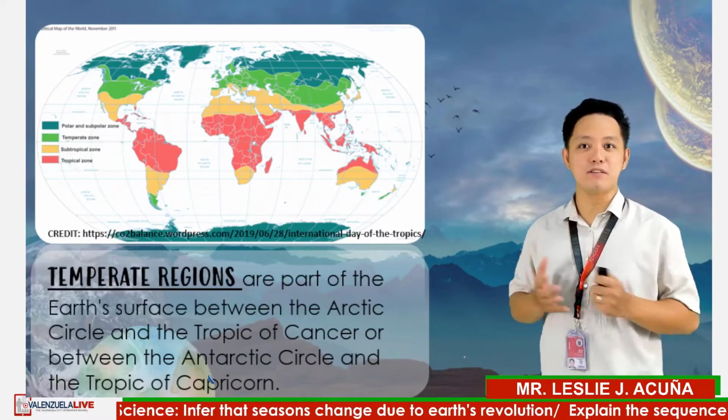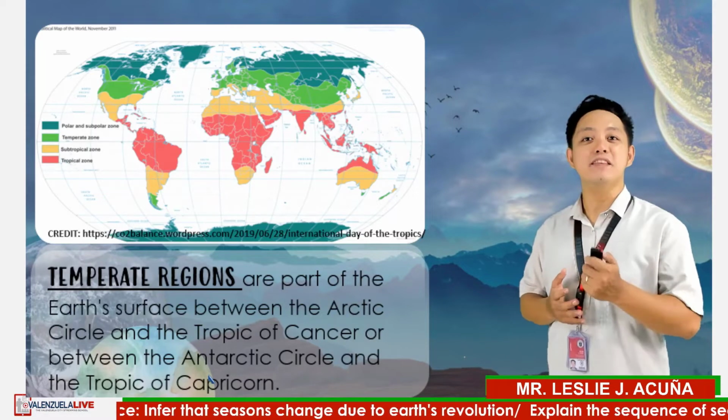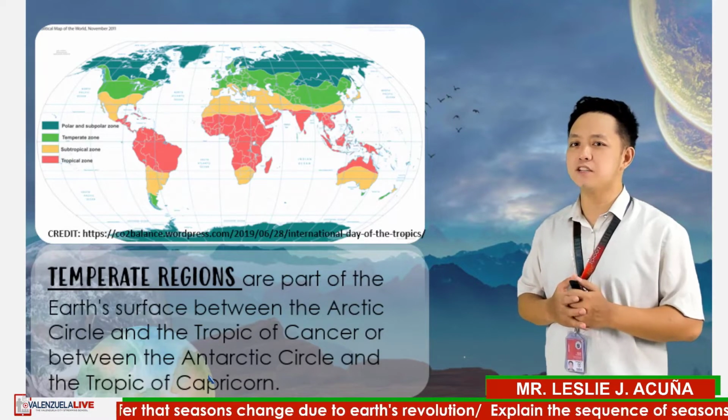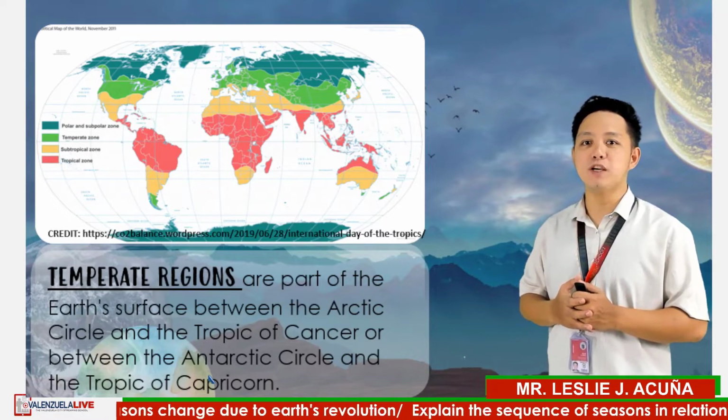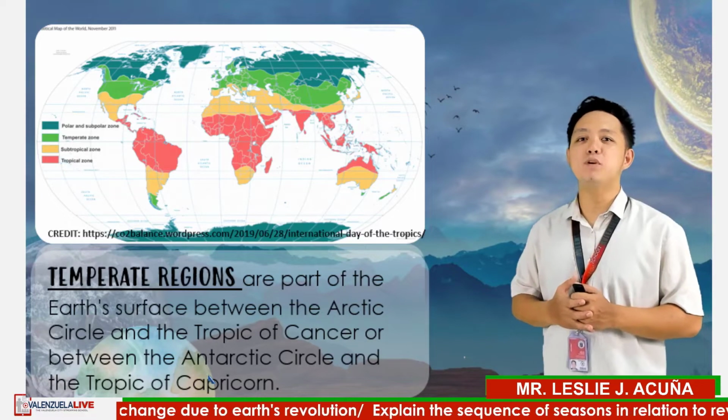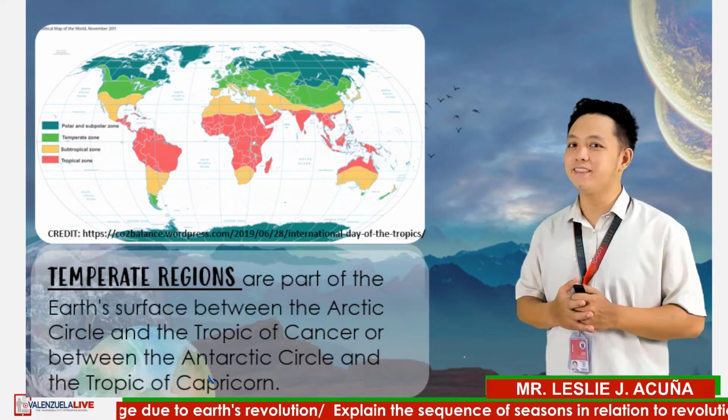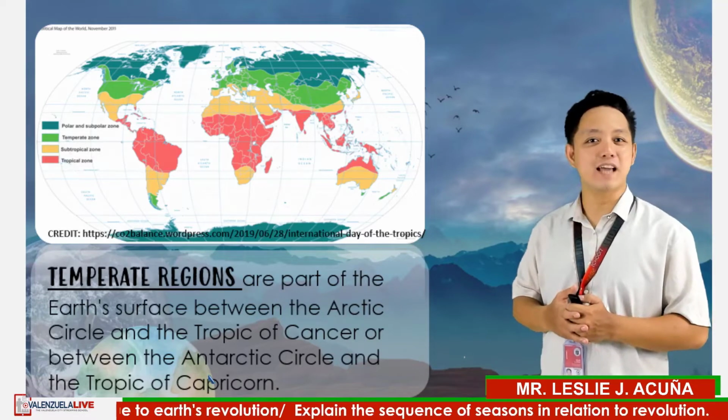How about the temperate regions? Temperate regions are parts of the Earth's surface between the Arctic Circle and the Tropic of Cancer, or between the Antarctic Circle and the Tropic of Capricorn.